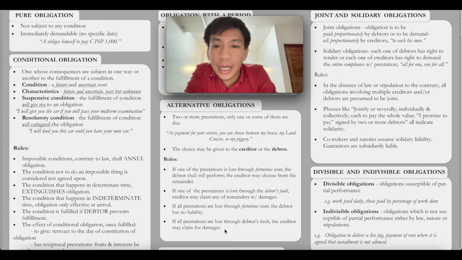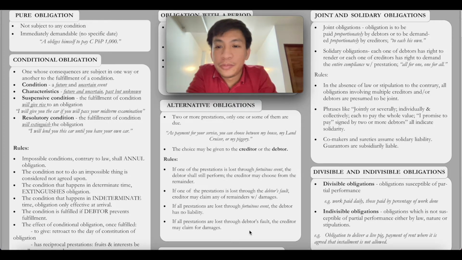Pero pag mayroong kontrata at may nakalagay ng mga phrases na ganito, jointly or severally, individually and collectively, to pay each to pay the whole value, or I promise to pay, pero dalawa ang nakapirma, all of those indicate solidarity. Kumbaga kapag may mga phrases na ganyan doon sa kontrata, that is considered as solidary. Ibig sabihin, kahit isa lang yung singilin ni creditor sa inyong lahat.